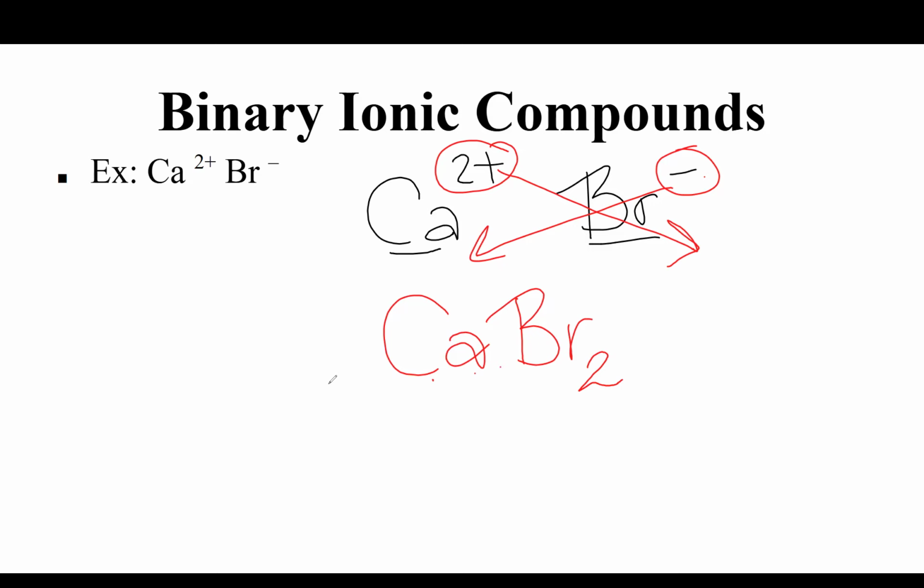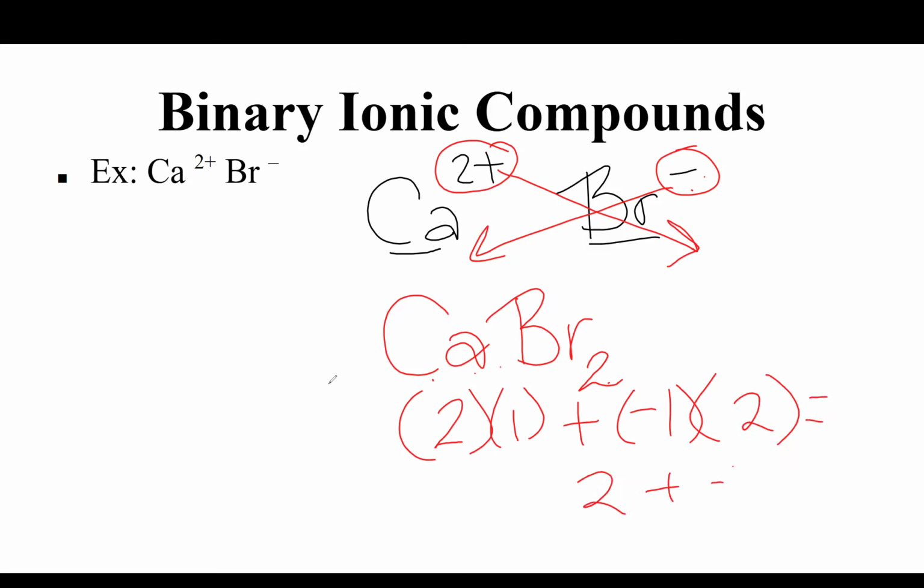So it'd be 2 times 1, plus bromide has a -1 charge times 2 bromines. And this is 2 plus a -2, which equals 0, which means this is the correct formula.